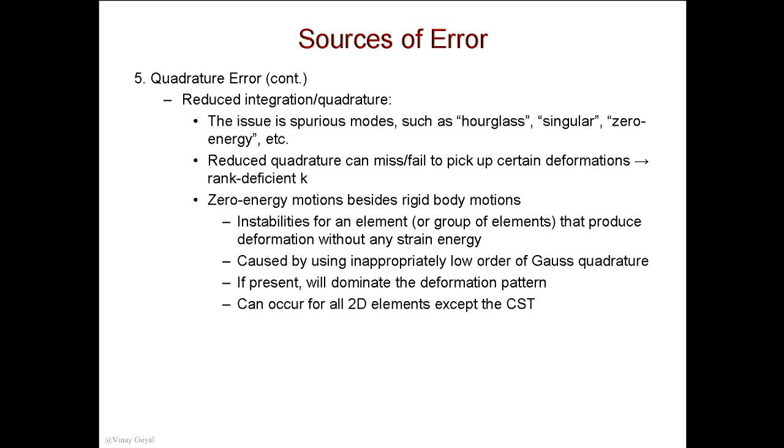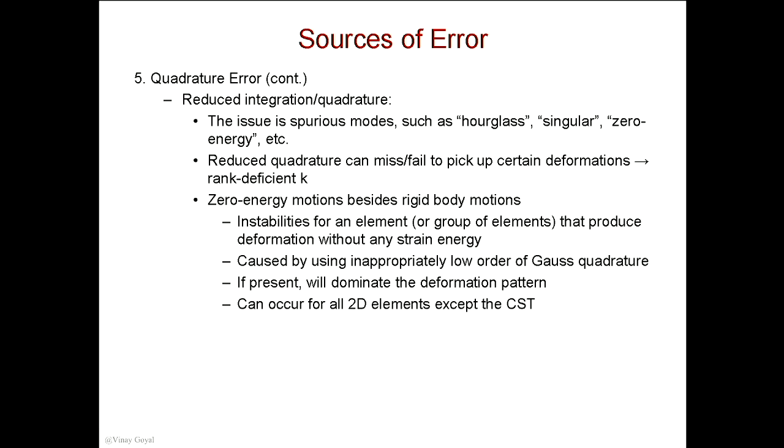If those quadrature points are not picking up the deformation of the structure, you may have an issue. I'll discuss that with an example. We call this rank deficient, when it's not able to pick up the behavior of the deformation of the element. Zero energy motions, which may not be rigid body motions, are instabilities, and they can cause errors in the strain energy.